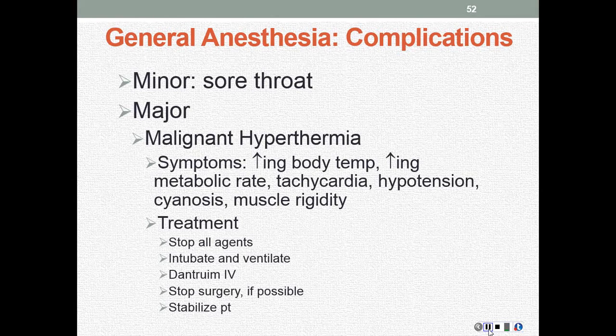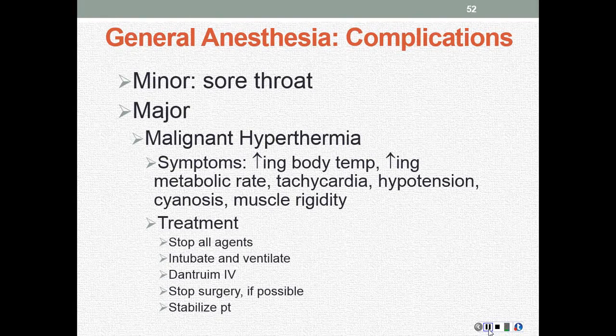The first signs that you usually see in a patient who is getting into malignant hyperthermia, and it's usually very quickly, are changes in their oxygenation status. Their CO2 goes up and their oxygen level goes down, just a drop.